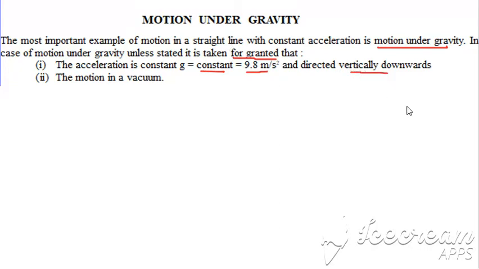So we will treat acceleration as acting vertically downside, and this a will have a value equal to g, where g is 9.8. In some cases we will also take it as 10 to make our calculation simple and to quickly get answers in objective type questions.